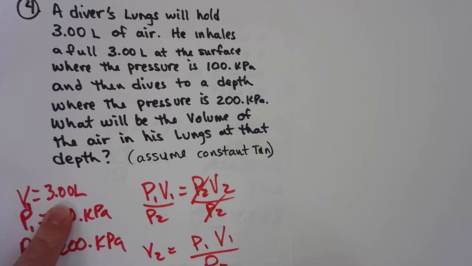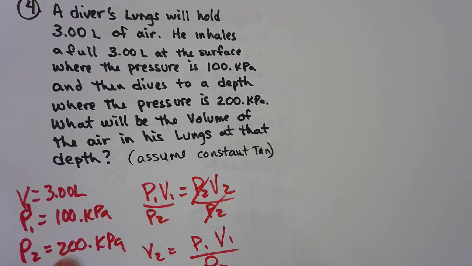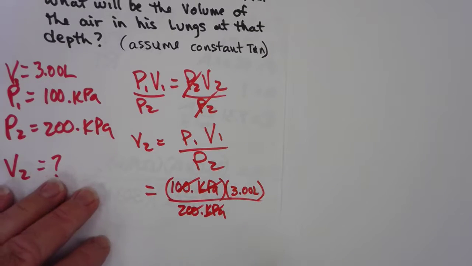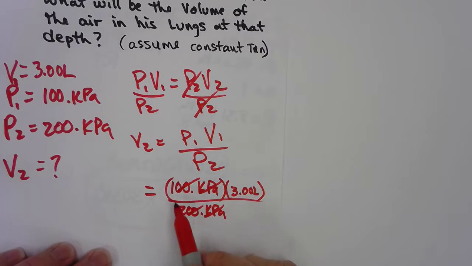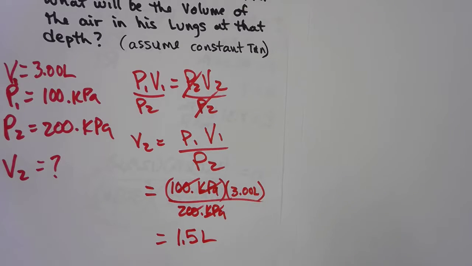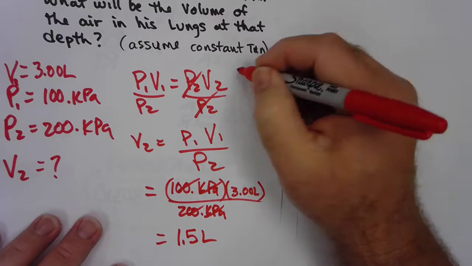V1, 3. P2, 200. Cancel what'll cancel. That's a half of 3. Oops, I was not showing you very good here. I canceled everything. I've got 1/2 times 3, which would be 1.5 liters. So when the pressure doubled, lungs volume cut in half. This is Boyle's.